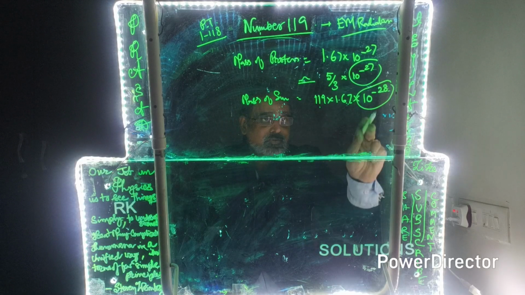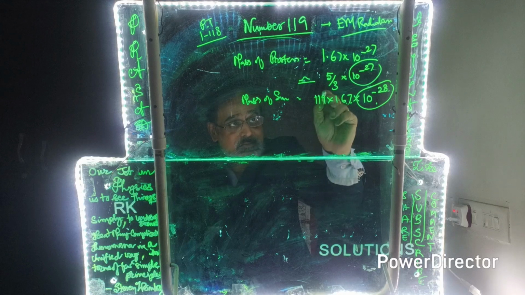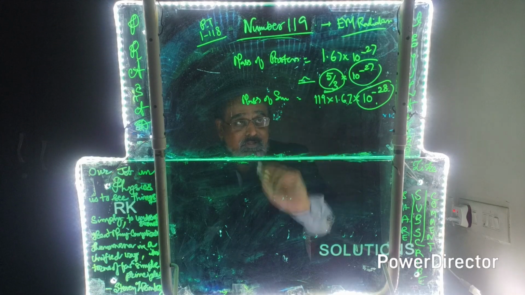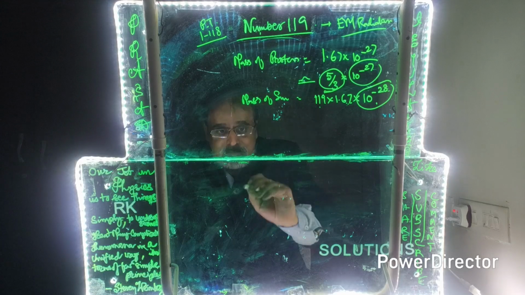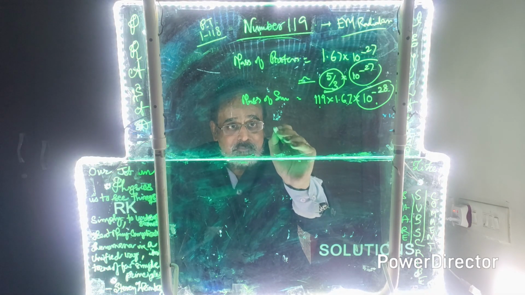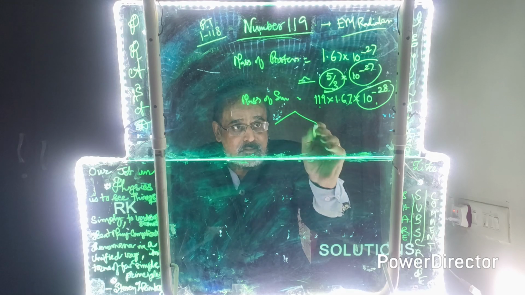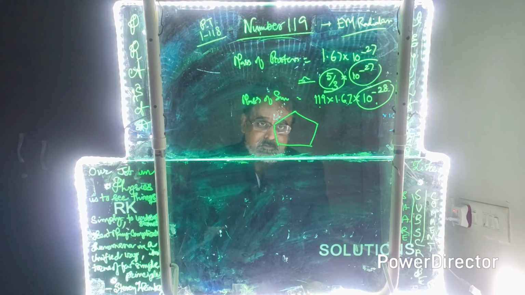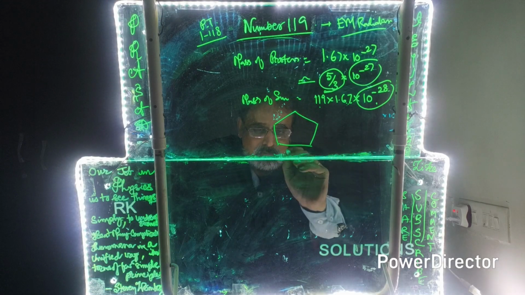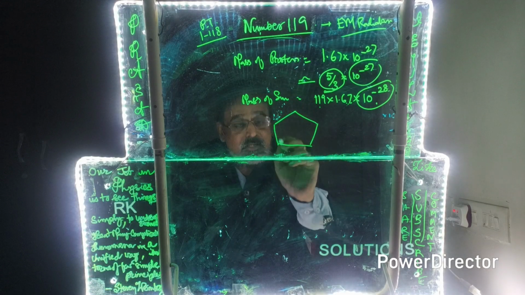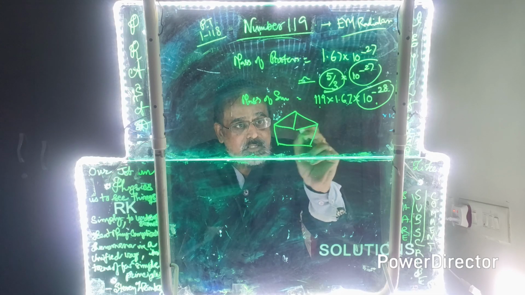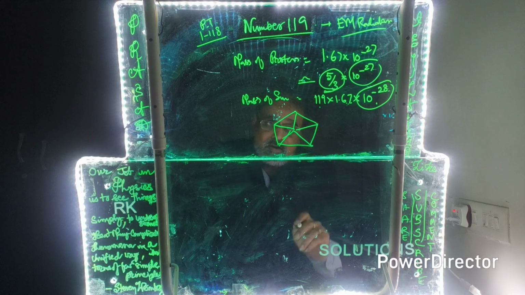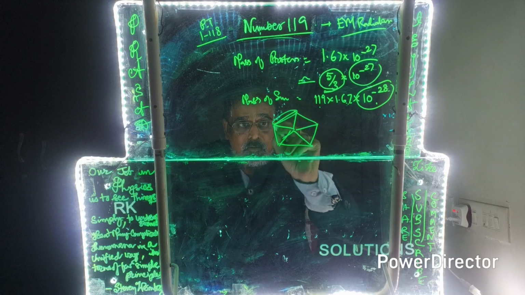Let us not bother about this part. This is basically 5 by 3. My mass of proton is approximately equal to 5 by 3. And then, if you imagine 5 parts, let's say a pentagon, whatever the shape is, take 5 equilateral triangles or 5 cones.